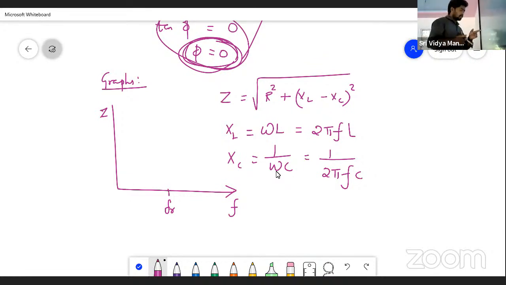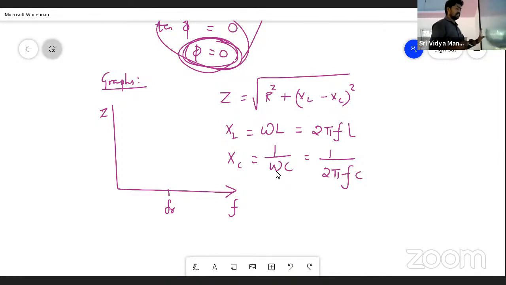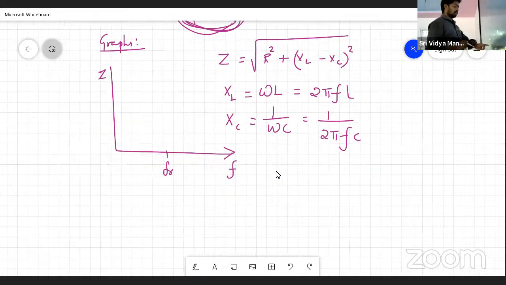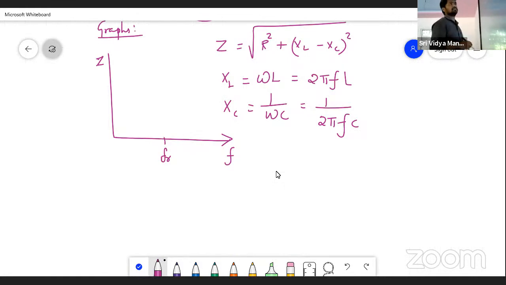When the RLC circuit attains the resonance frequency, before the resonance frequency, the circuit acts as a capacitive circuit. Listen to me, it's a very important graph, also a point for examinations. Before resonance frequency, the overall RLC circuit acts as a capacitive circuit.